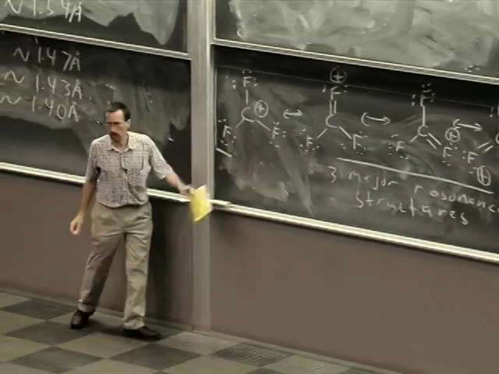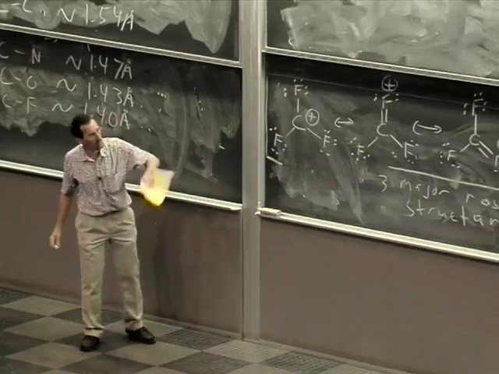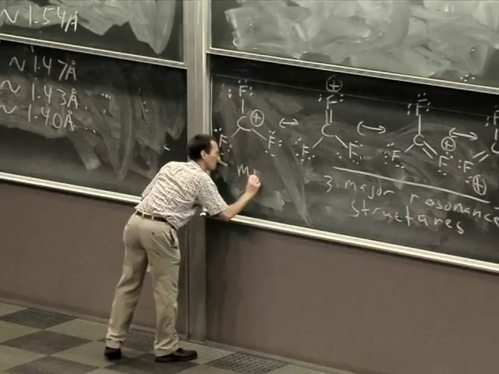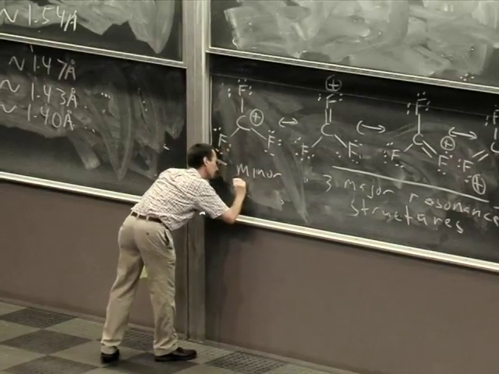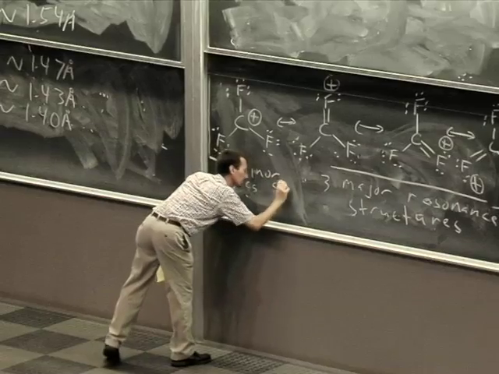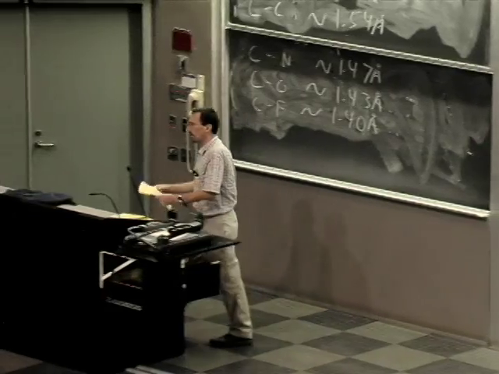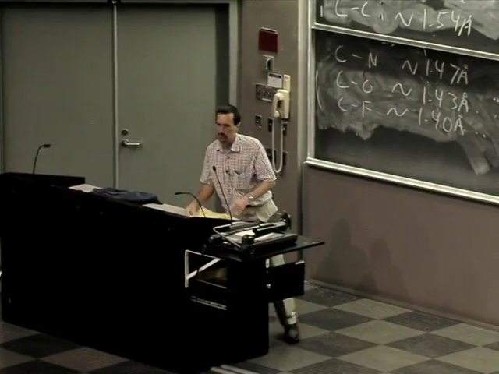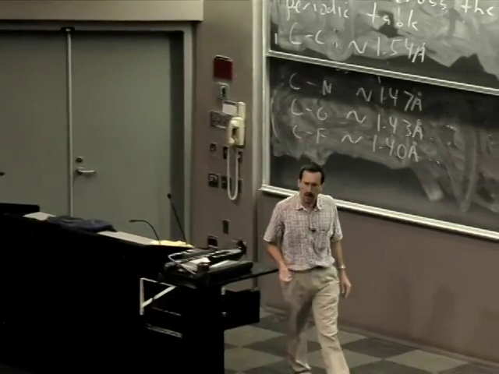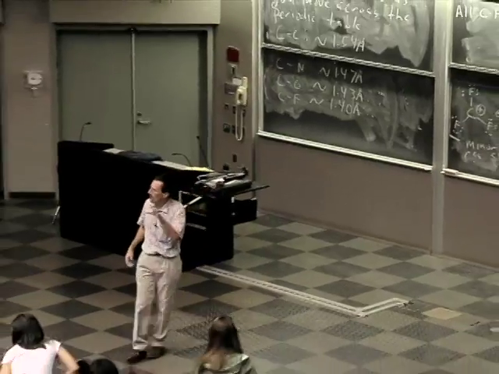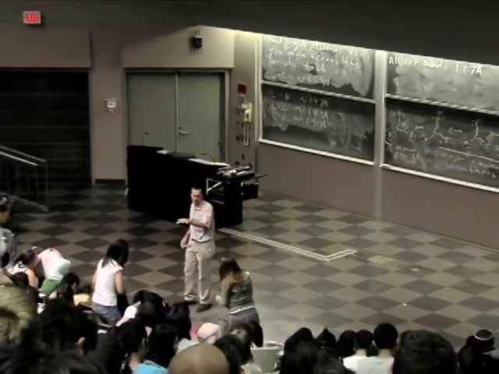And the structure on the left, just as we've seen with the methylene iminium ion, is a minor resonance structure. And I think this is what I'd like to say about resonance structures. Next time we're going to pick up with a discussion of structure and bonding through a molecular orbital approach.